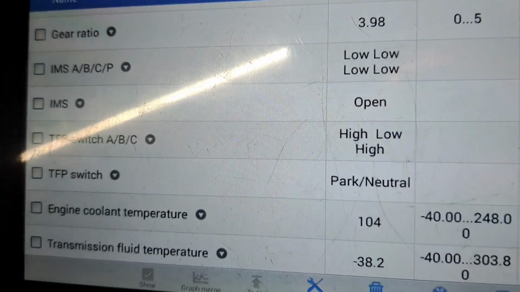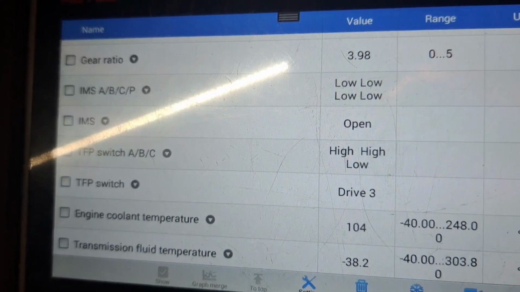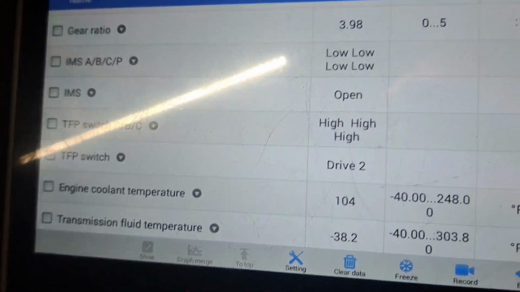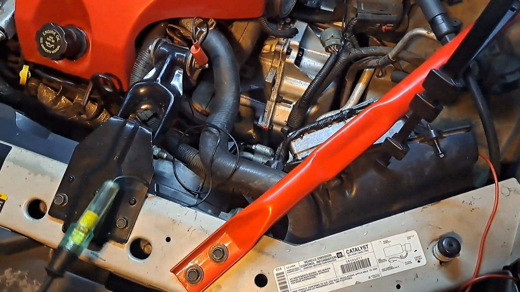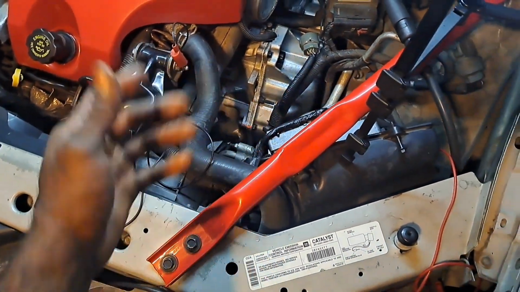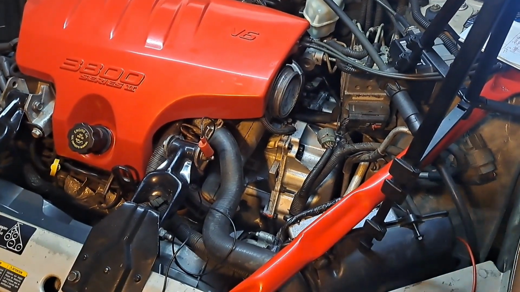Let me show you. So I'm grounding one out now. See, park neutral, I'm going to go over. Drive 3, I'm going to go over. Drive 1. So I can ground it out and it'll change, which means the circuit works. It's just the part that's supposed to be in there ain't in there.